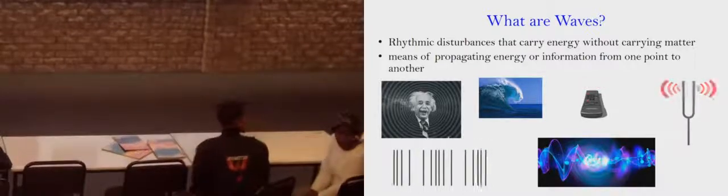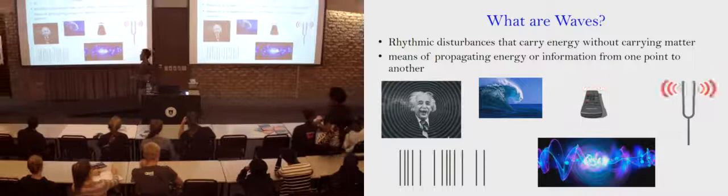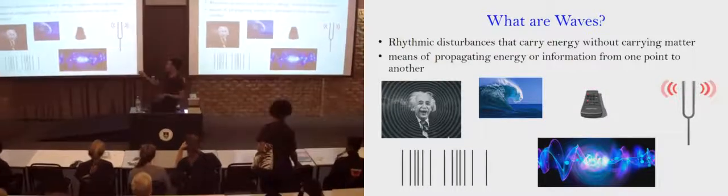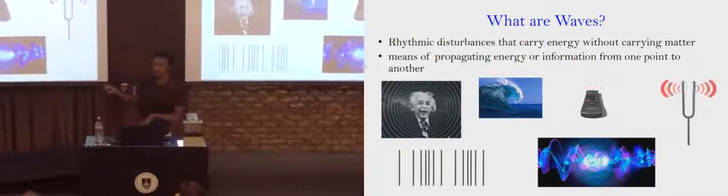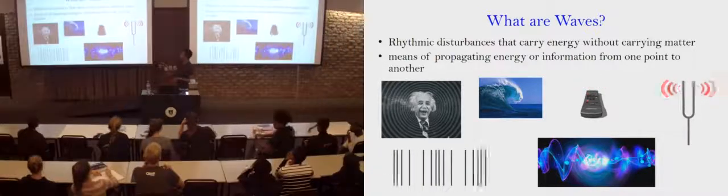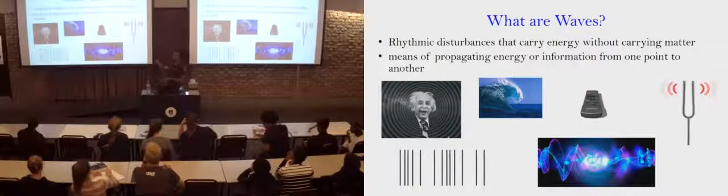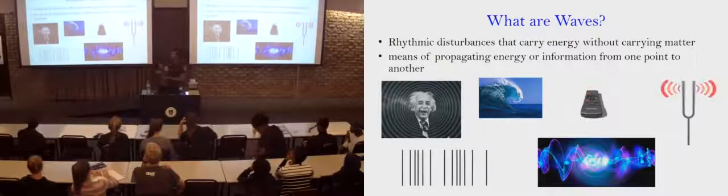There are different kinds of waves. There are different sources of waves. The signals that we get from, for example, our remote control, it is infrared. So this is one part of a wave. Wave also can be produced from vibration of materials.